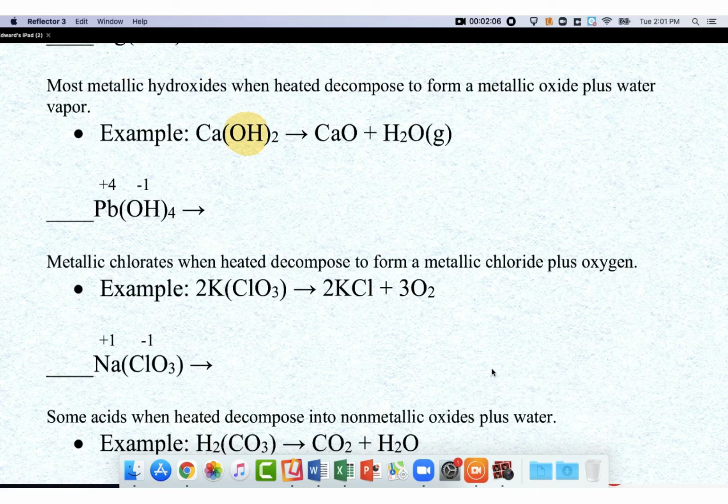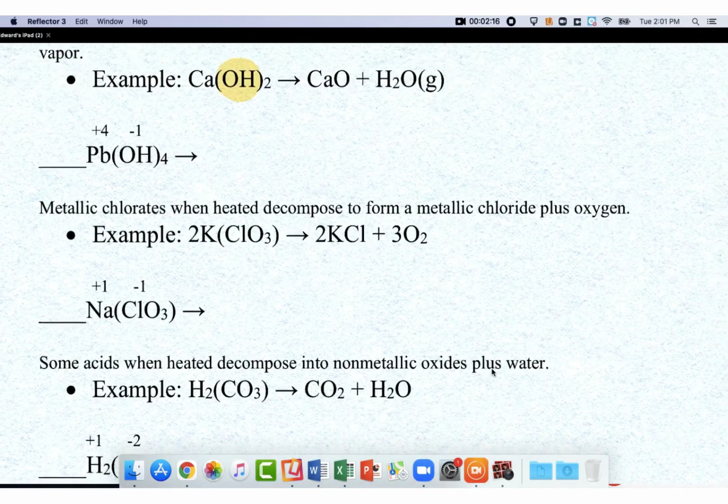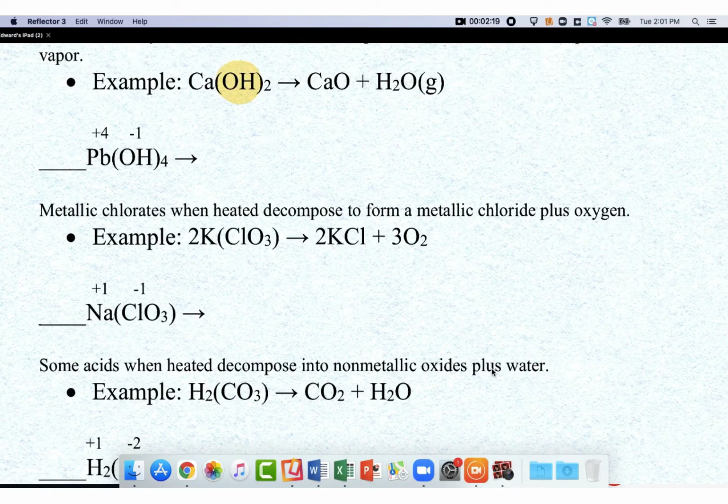So calcium hydroxide forms calcium oxide plus water. And so your example you're going to balance is lead hydroxide, and it's going to break apart and form lead oxide and water, and you'll be responsible for balancing that out. Now make sure you realize that's lead 4.